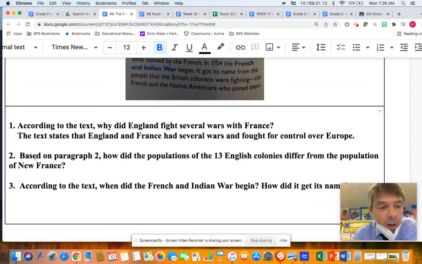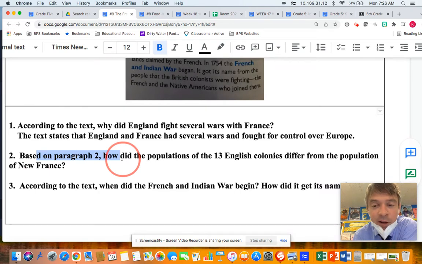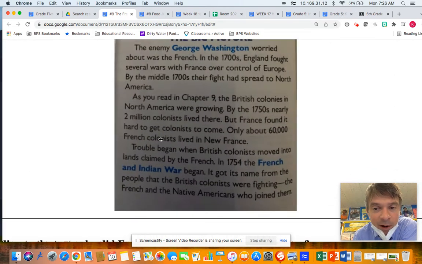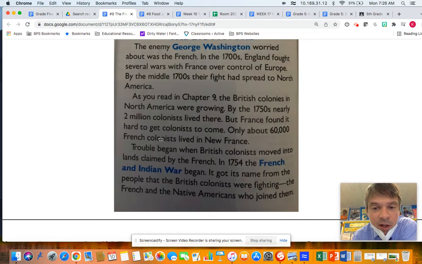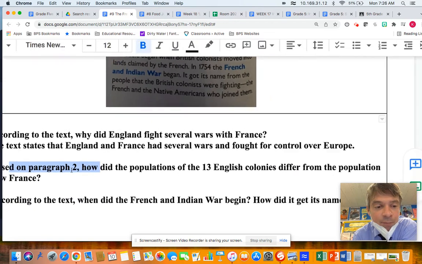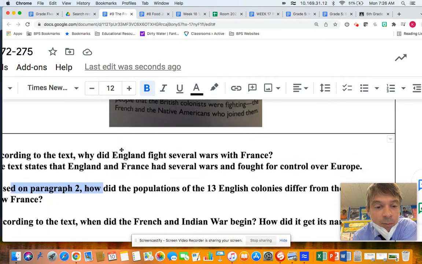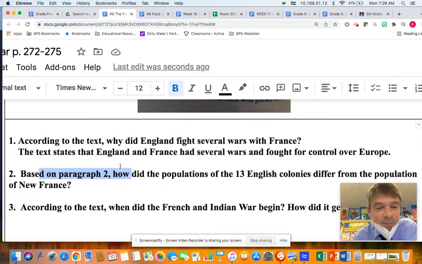Question. Based on paragraph 2, how did the populations of the 13 colonies differ from the population of New France? So this tells me the 13 colonies, I need to look back. Nearly 2 million colonists, but France found it hard to get colonists to come. Only about 60,000 French colonists lived in New France. So 2 million, I keep looking back.